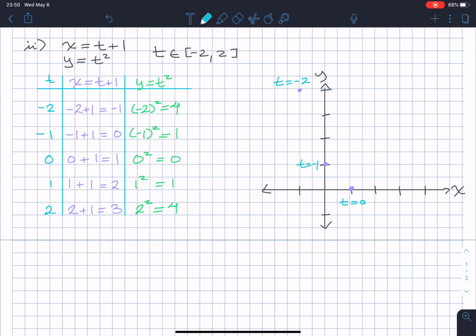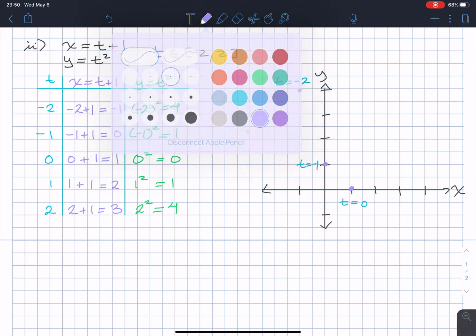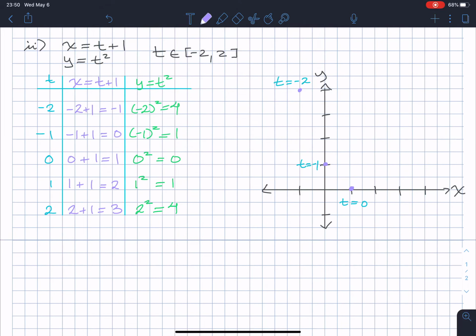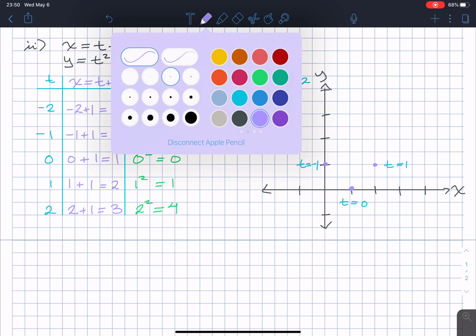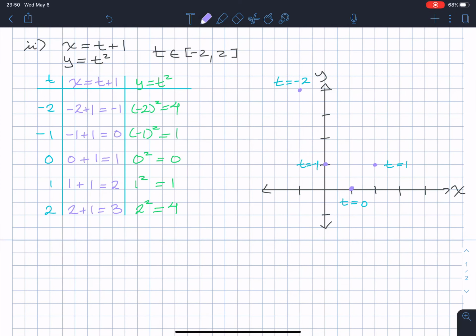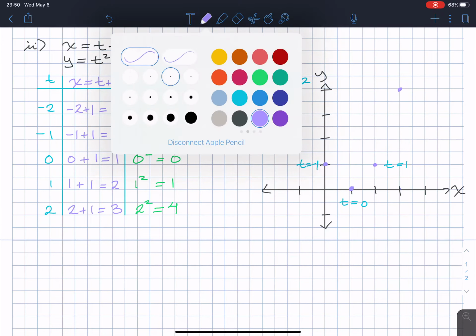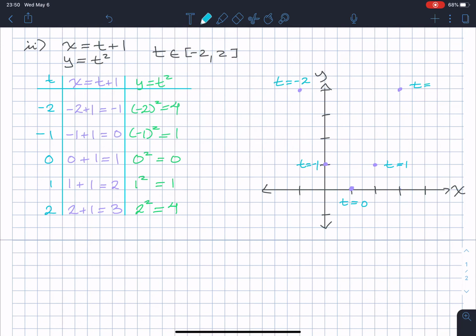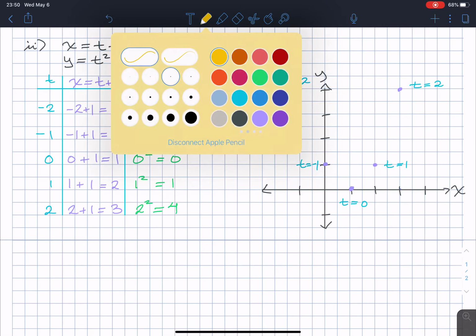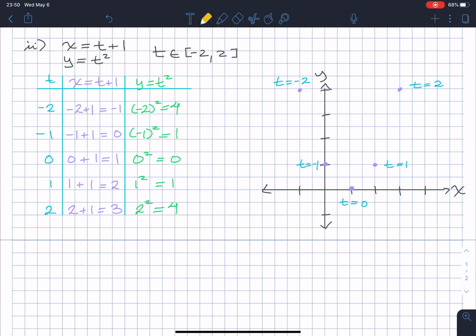Okay, let me write that 0 a bit better. T is equal to 0. My fourth point is at 2, 1, and that's when t is equal to 1. And my last point is at 3, 4. So this is when t is equal to 2. So what's happening is that I start here at t equals negative 2, and I just have this portion of what looks like a parabola.